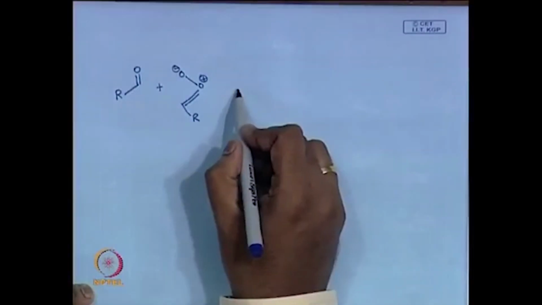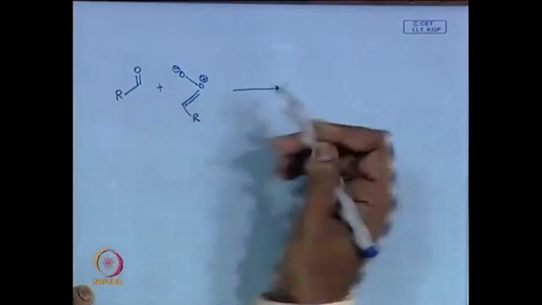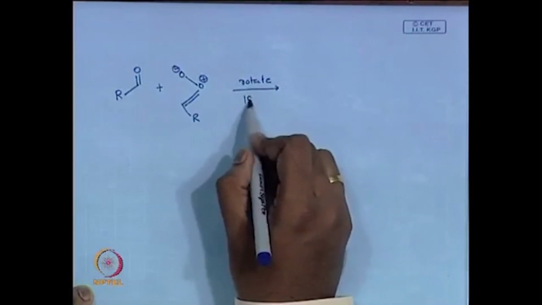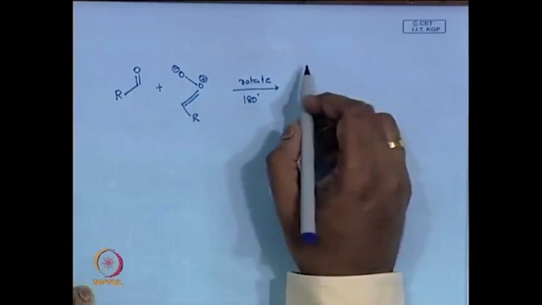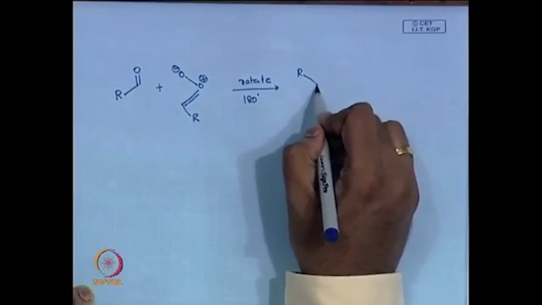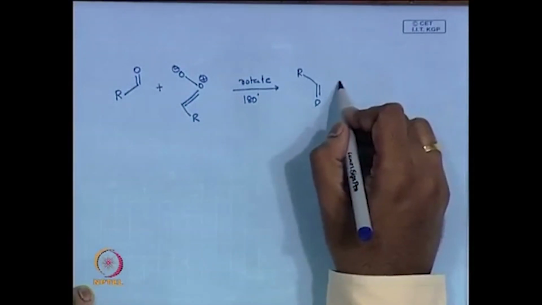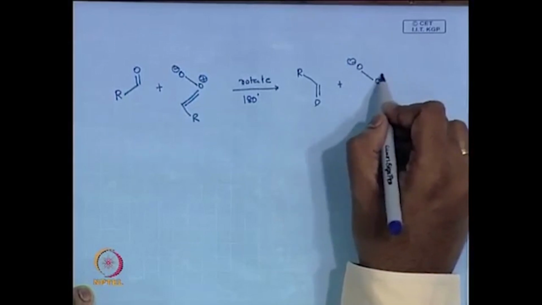What it undergoes is this: this particular acyl group rotates around 180 degrees. So, how can you write it then? I get R like this plus O minus O plus.